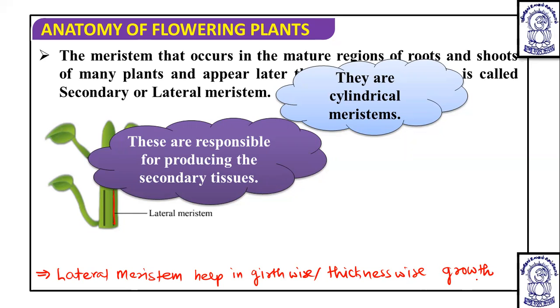So an increase in girth, circumference, or thickness of a particular axis is caused by this lateral meristem.